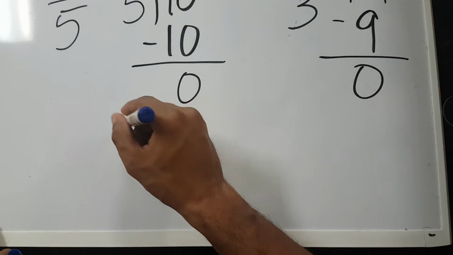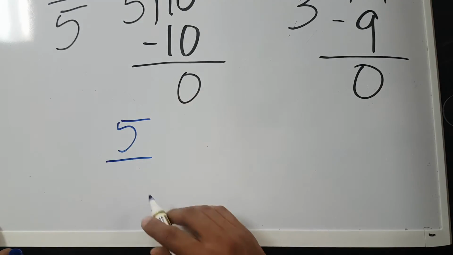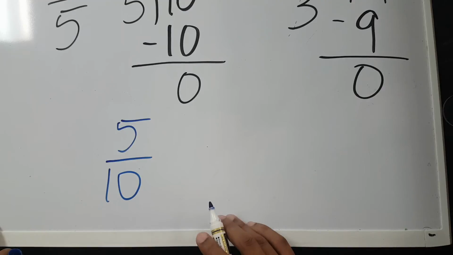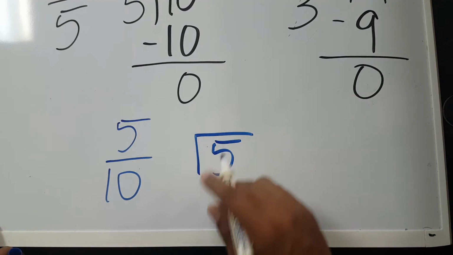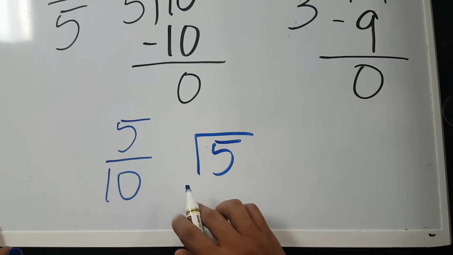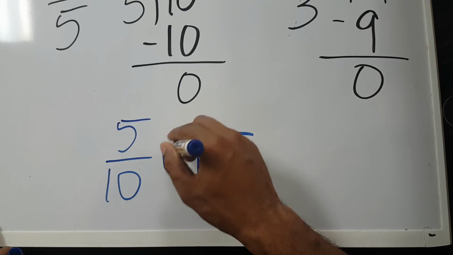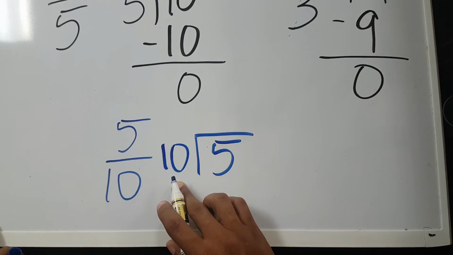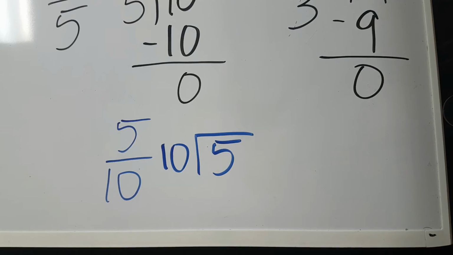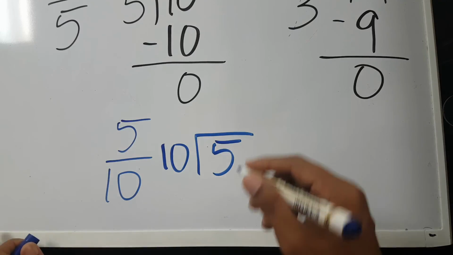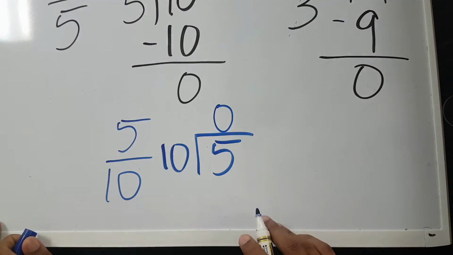Okay, so we have 5 divided by 10. Right? 5 goes on the inside because 5 is the numerator. 10 is on the outside. How many times can 10 go into 5? The answer should be 0, right?